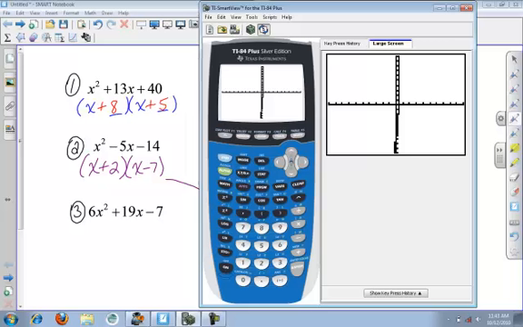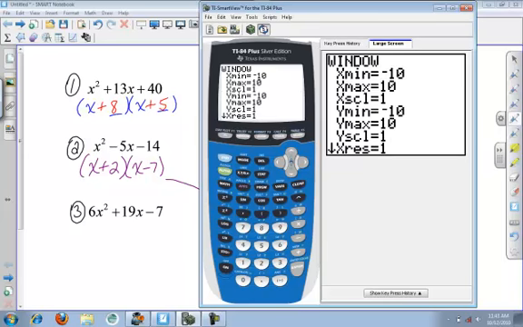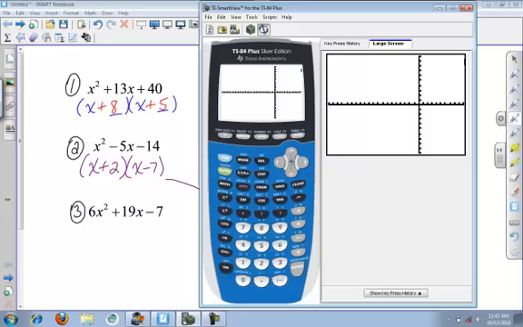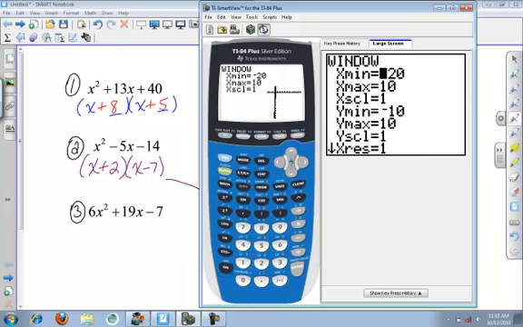Let's see. I see one x-intercept there between 0 and 1. Maybe I need to make my x minimum something smaller. Maybe not.